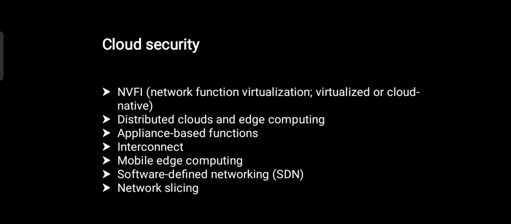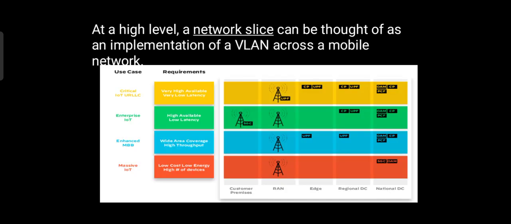NFV, network function virtualization, are cloud native, distributed clouds and edge computing, application based functions, interconnect, mobile edge computing, software defined networking, SDN, and network slicing. At a high level, a network slice can be thought of as an implementation of a VLAN across a mobile network.